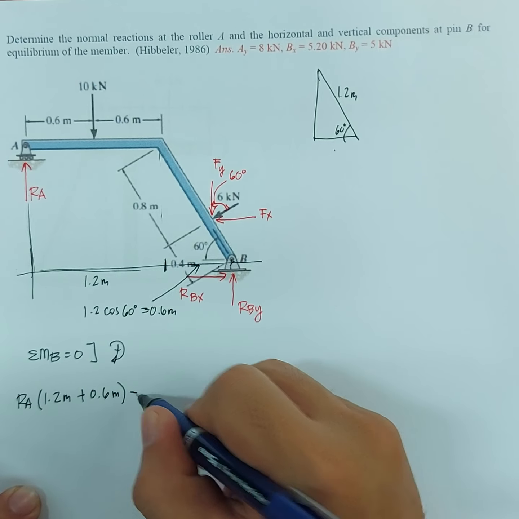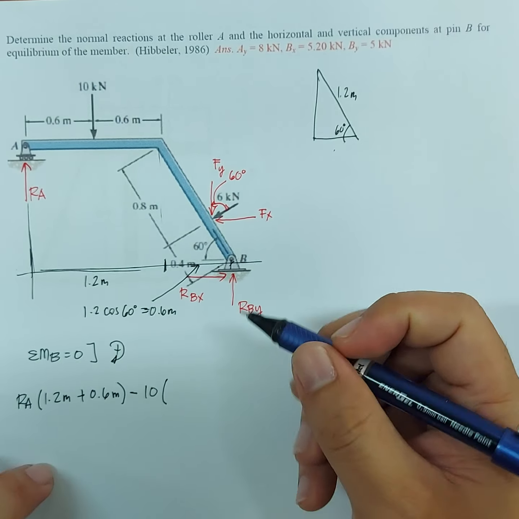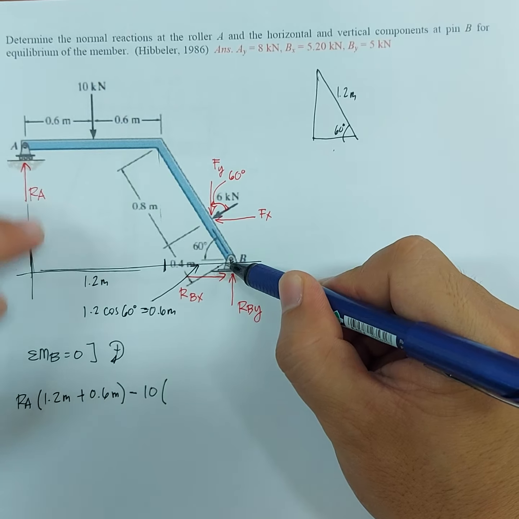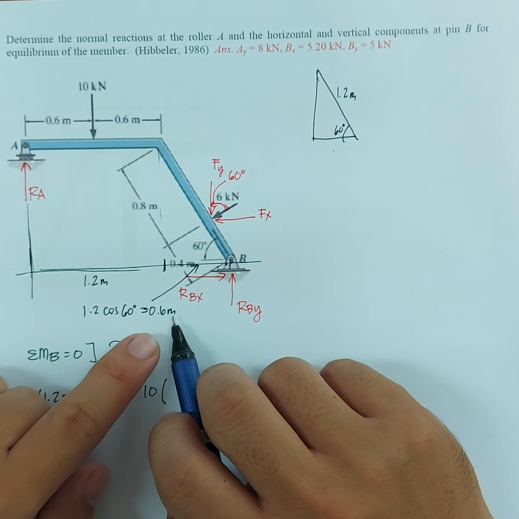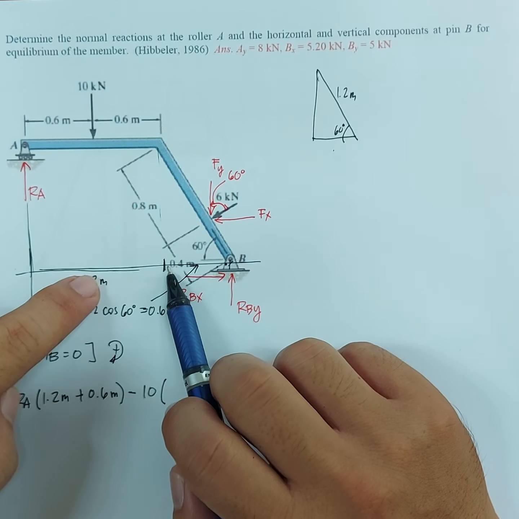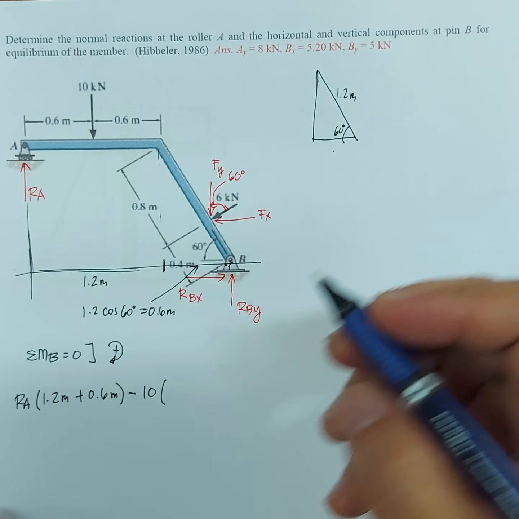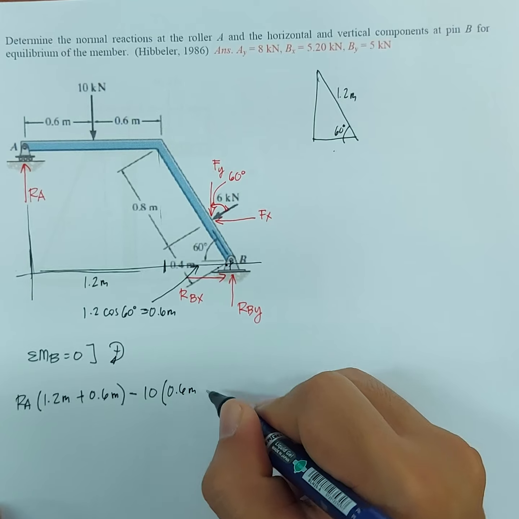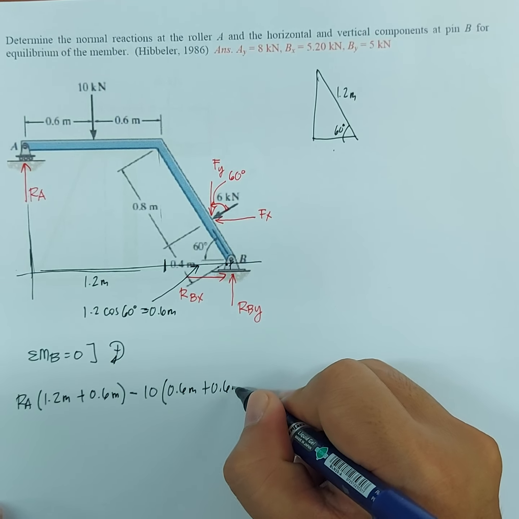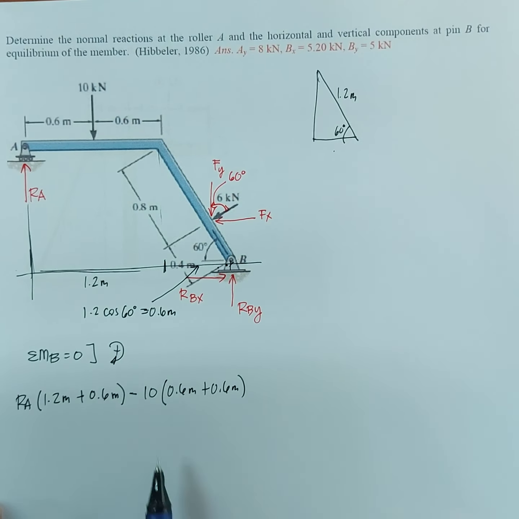So that is negative 10 times its moment arm about B. So that's 0.6 plus 0.6, or that is 1.2 obviously.